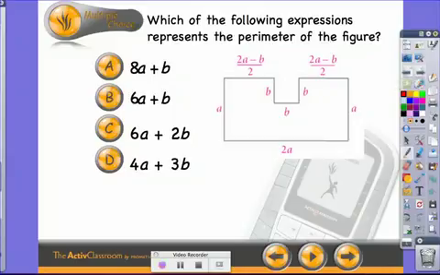I'm going to start to combine like terms. So I'll start with the a's. 2a plus 1a plus 1a gives me 4a. 1b plus 1b plus 1b gives me 3b.